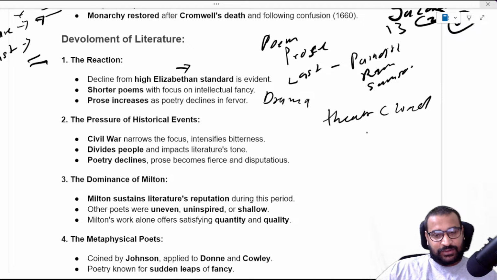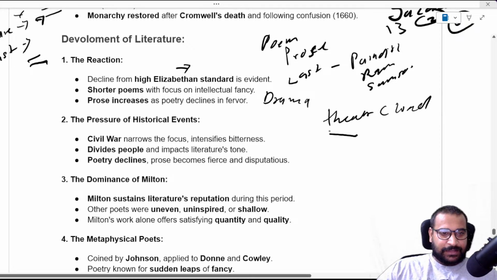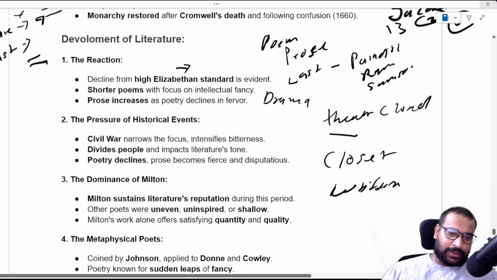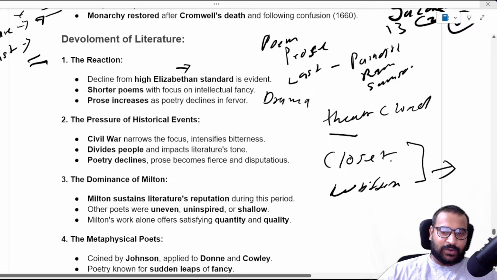Suppose if theater was open, then Milton might have written some drama also, and you would be reading or preparing his drama as well, right? So this did not happen in that time, so we don't have much drama, but we have closet drama. Closet drama is simple, it can be written, and it was usually published in some publication of the poem or any tract. So you have to remember, at that time only closet drama was there.